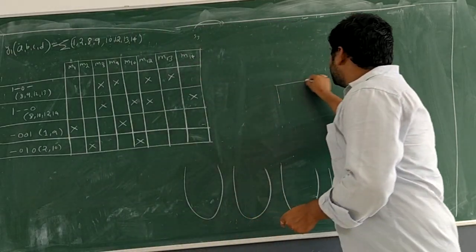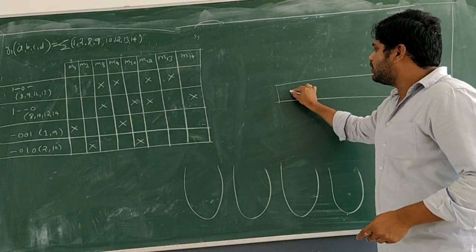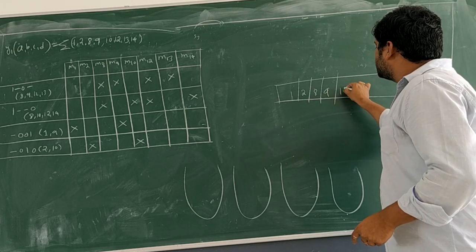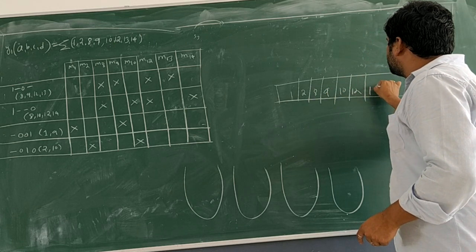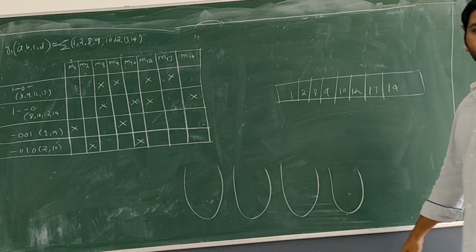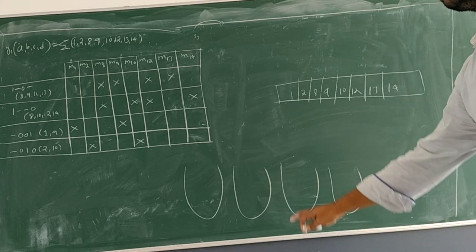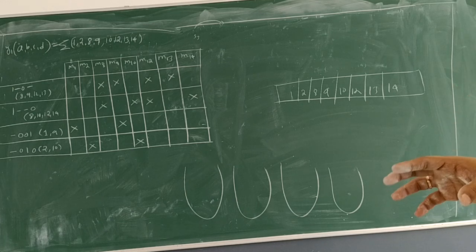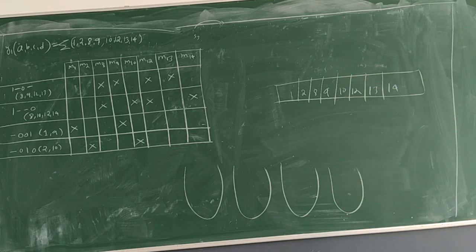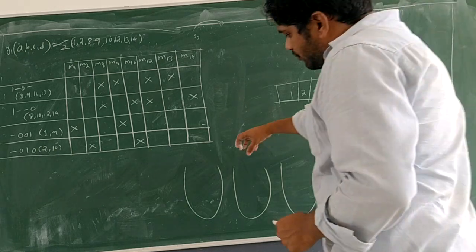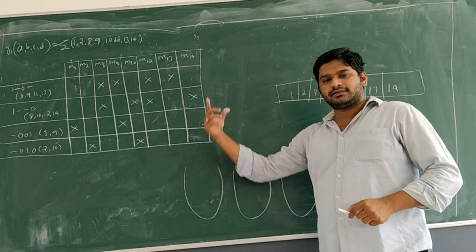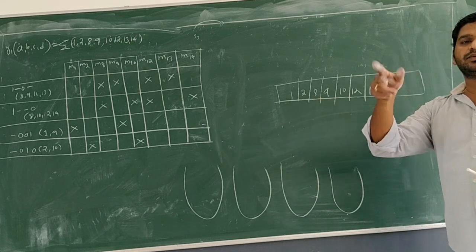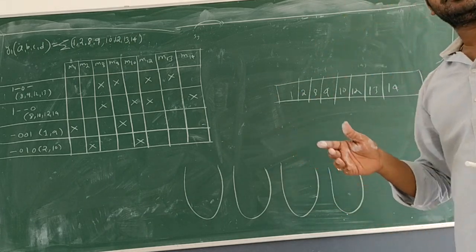Our target is to get the numbers 1, 2, 8, 9, 10, 12, 13 and 14. By the end we should have these numbers. One thing is you cannot take selected balls from the bag. You have to take the full bag. That is the first condition. Second, we can have multiple balls at the end.